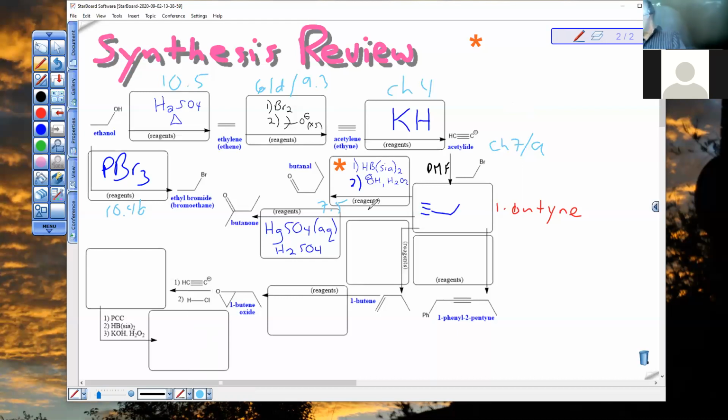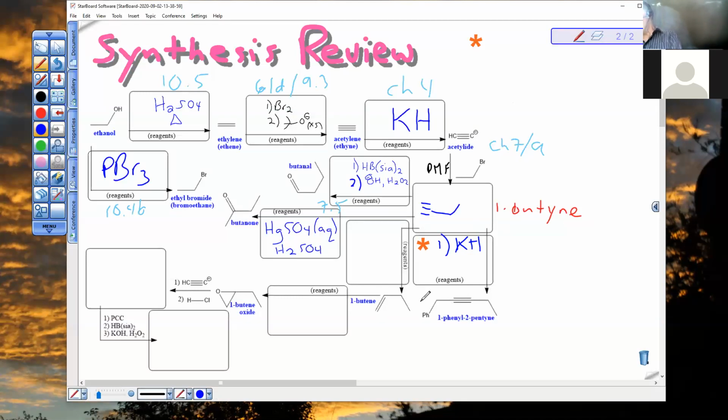Okay, now we're back over here. Terminal alkyne becoming an internal alkyne. That's a new carbon-carbon bond there. That's called synthesis. How do we go from an alkyne to put a carbon-carbon bond there before? Step 1, we took a proton off the alkyne. KH, good base. And we're not here anymore, we're down here. But I think I can write the answer straight there. That's going to deprotonate our terminal alkyne, pKa 25.